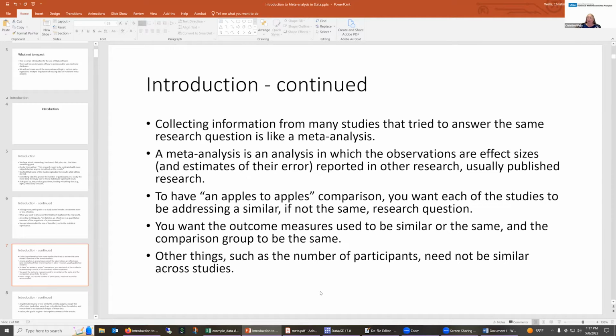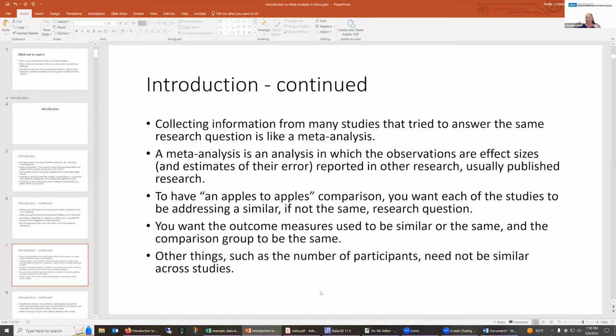You want to be looking for studies that have what we call an apples to apples comparison. So you want the studies to be addressing very similar, if not exactly the same, research question. And in some areas, that's fairly easy to do. And in other areas of research, especially in social science research, that's a little more difficult to do.